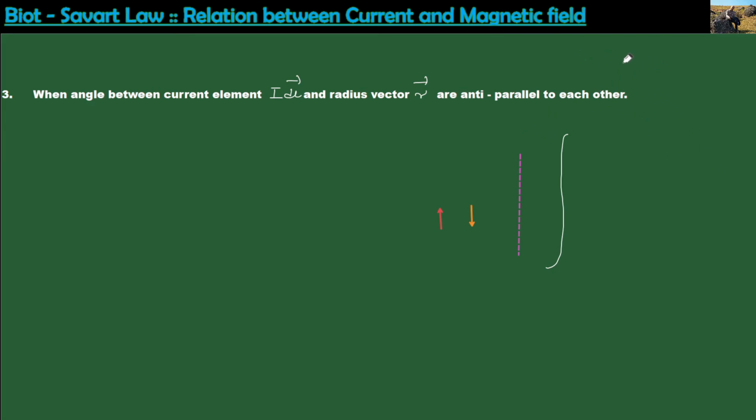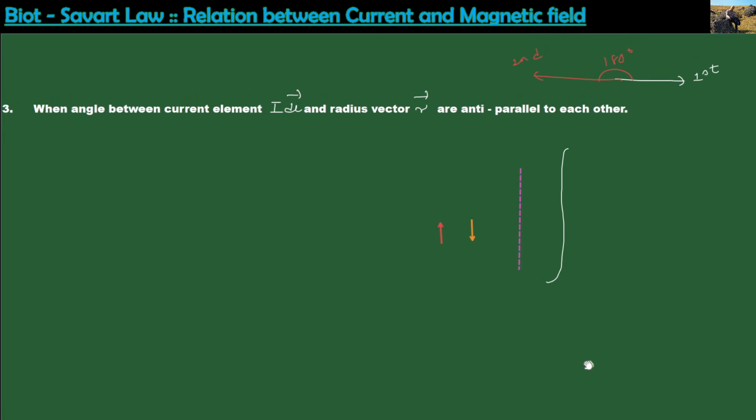If I consider this as the first vector and another vector as the second vector, when I say antiparallel, the angle between them is 180 degrees. So these are some of the important things about antiparallel vectors. From here again, we will consider the direction of the current I flowing in the upward direction.